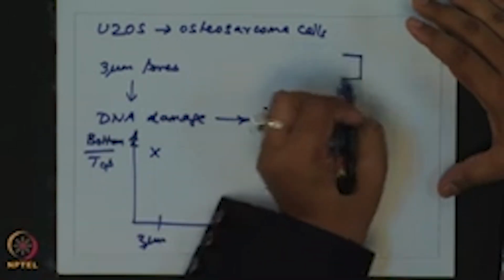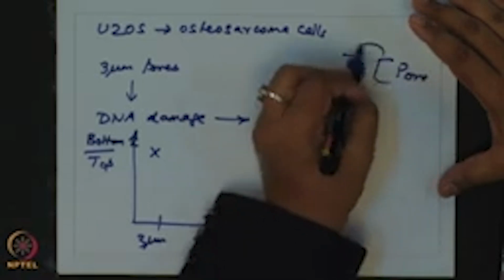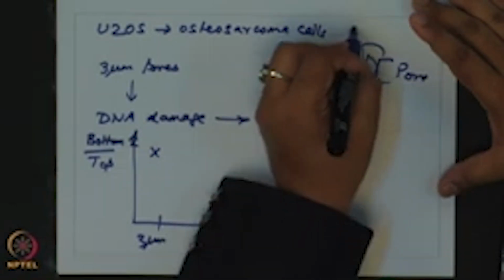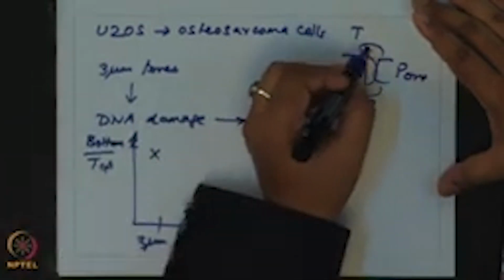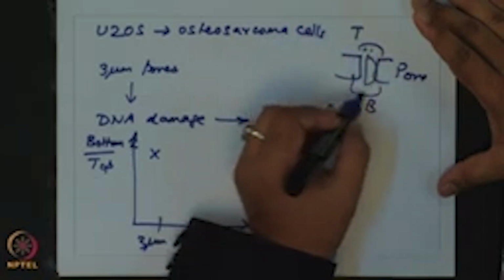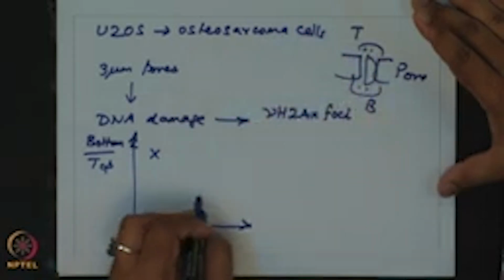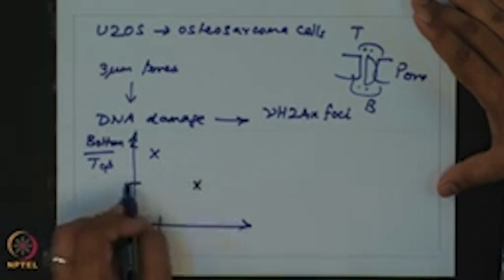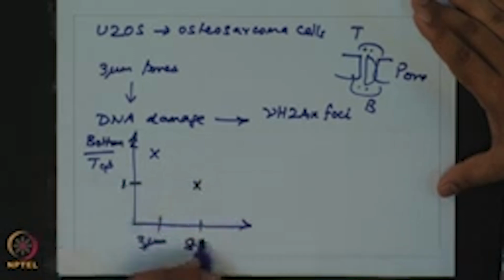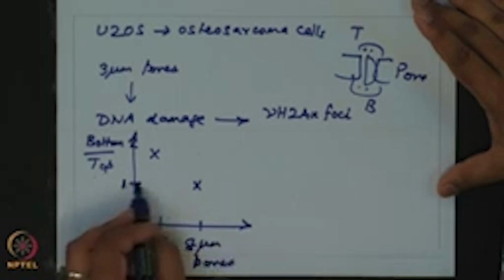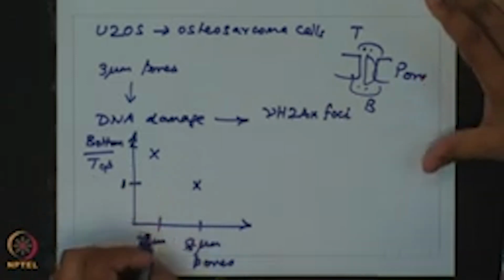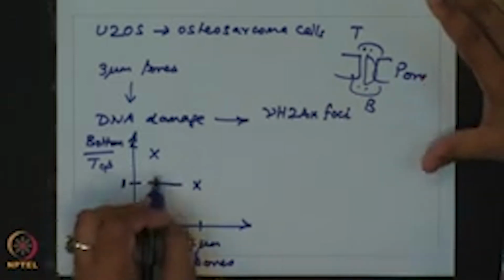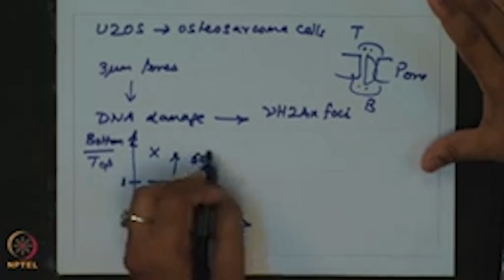So, this is the pore, the cell is passing through it. This is your top, this is your bottom, and then they take the number of gamma H2AX foci in cells which are at the top and cells which are at the bottom. This ratio in 8 micron pores should be 1, because in 8 micron pores the nuclei do not need to be squeezed, but in 3 micron pores there is a nearly 60% increase.